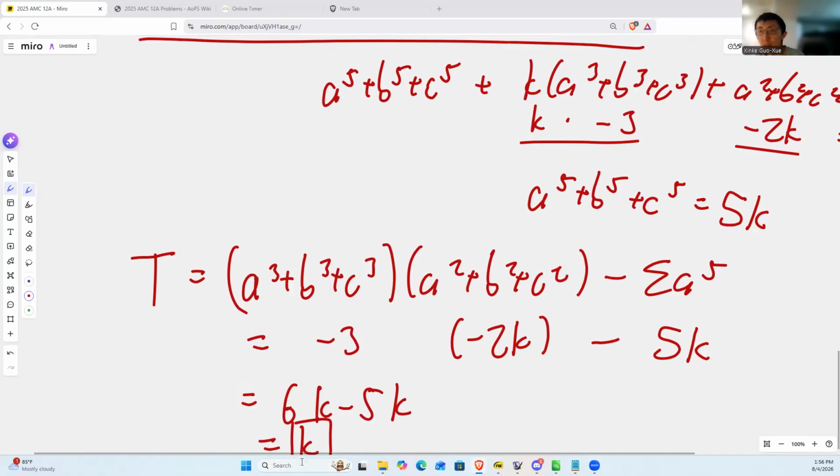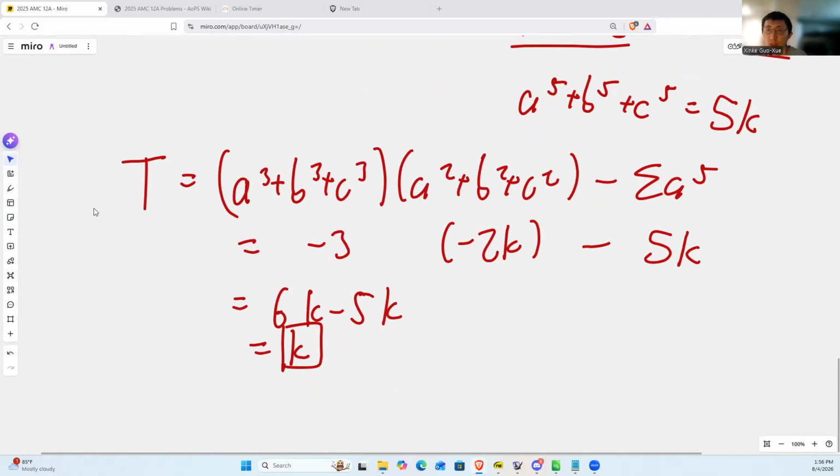Notice how we moved forwards with Vieta's and moved backwards by thinking, how can I get the desired expression? Then, by seeing that we have a lot of a cubed, b cubed, c cubed, it makes sense to have one factor as a cubed plus b cubed plus c cubed.